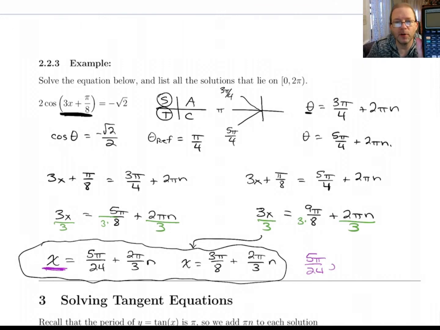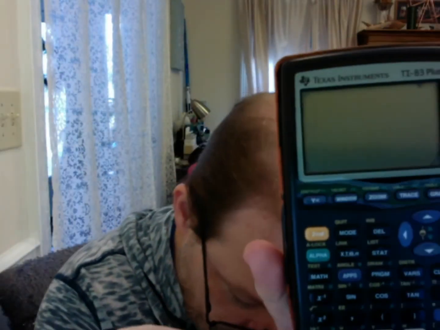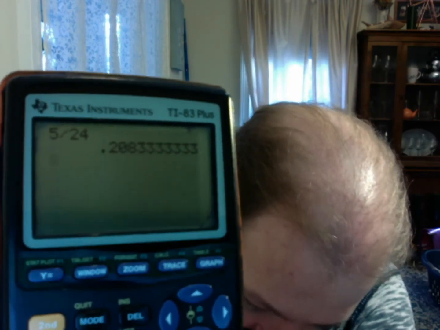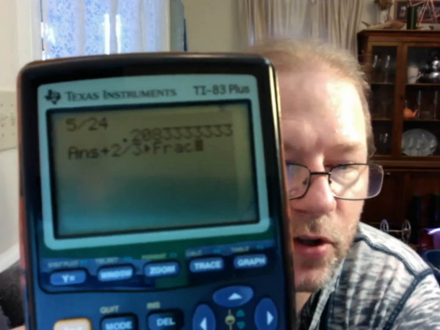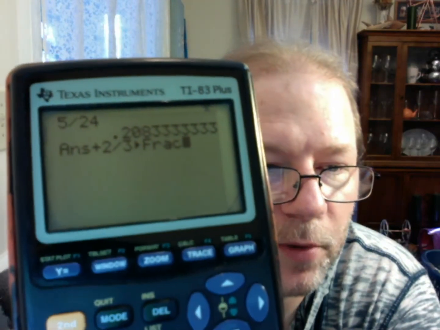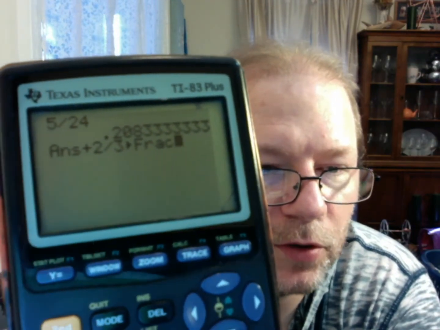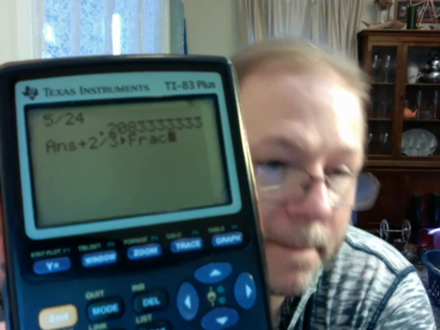But again, I'm not going to put the pi on my calculator. What I'm going to do is start with 5 over 24, and then I'm going to add 2/3 onto it. And this is going to be my coefficient that goes on the pi.